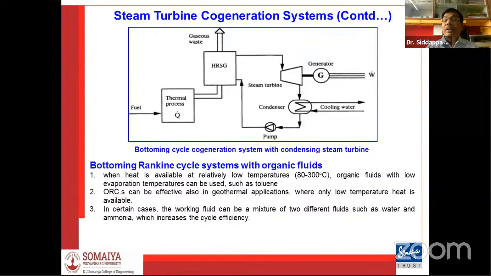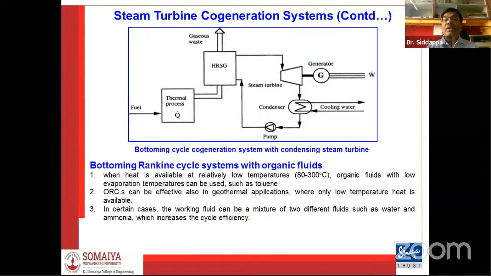And then if the gas comes out at around 300, 350 or 400 degrees centigrade from the first heat exchanger, then I can use low enthalpy of evaporation fluids like organic fluids. Again, I can extract the heat from that 300 or 350 degrees centigrade exhaust gas and use it in a second set of generator, either at low pressure or at low power.